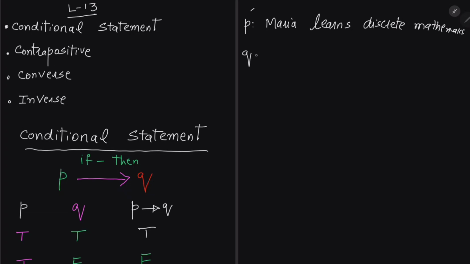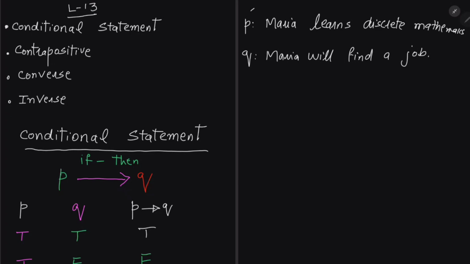Now the Q statement is Maria will find a job. So it means that if Maria learns discrete mathematics, this is a condition for Maria to get a job.